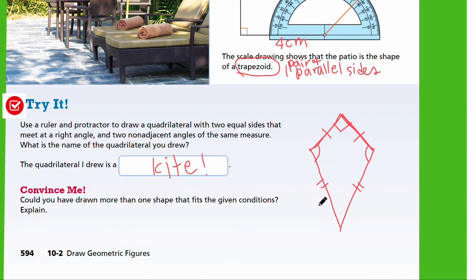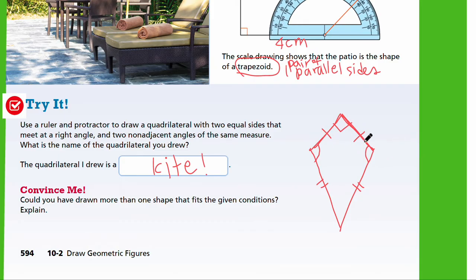Okay, so could you have drawn more than one shape that fits the given conditions for this one? Could you think of another shape that fits this? Yes, you could maybe draw another shape, but the type of shape is still going to be a kite, right?